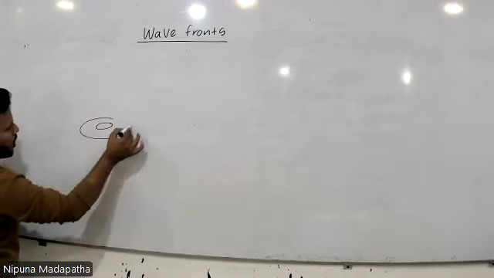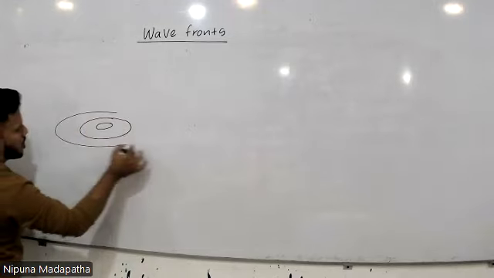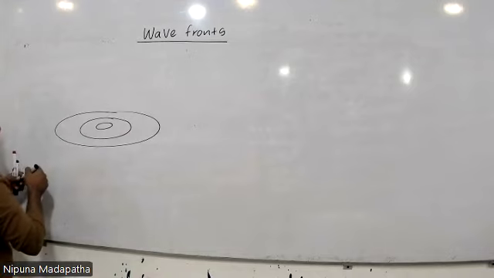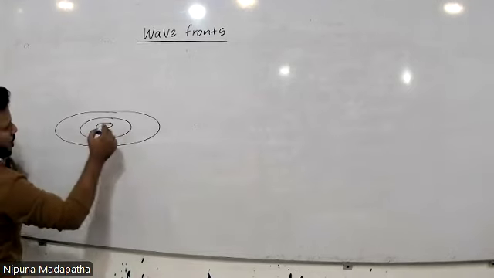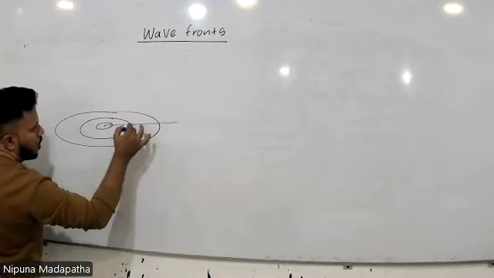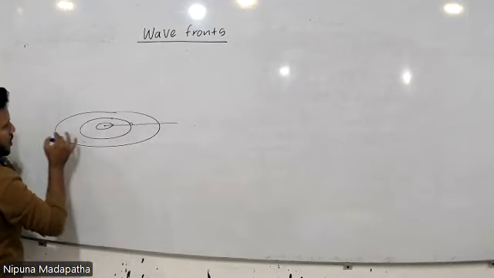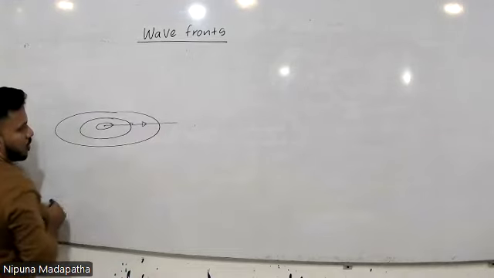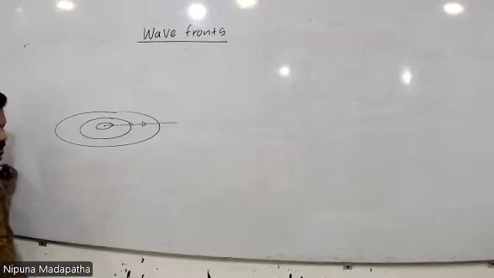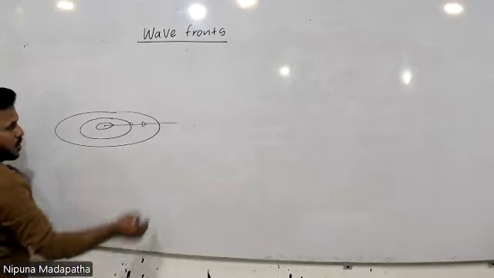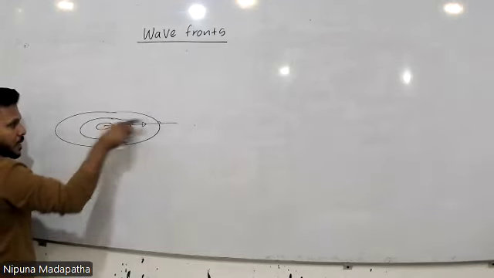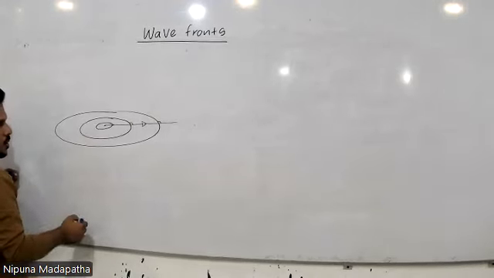If you draw normals to these wavefronts, they show the direction the wave travels. So wavefronts are normal to the direction the wave travels.